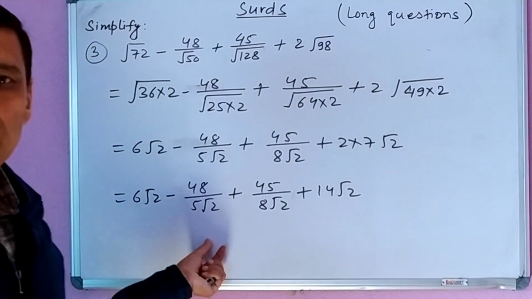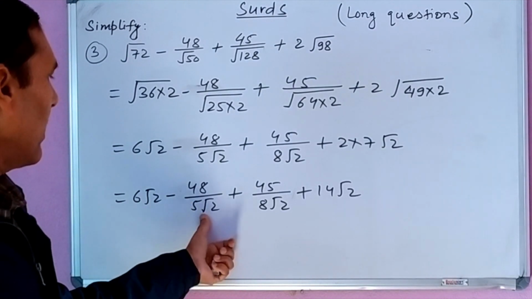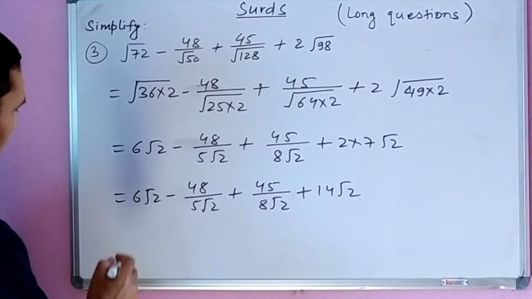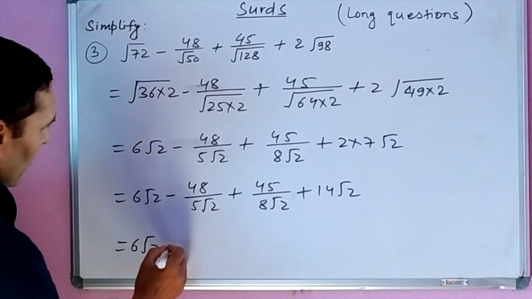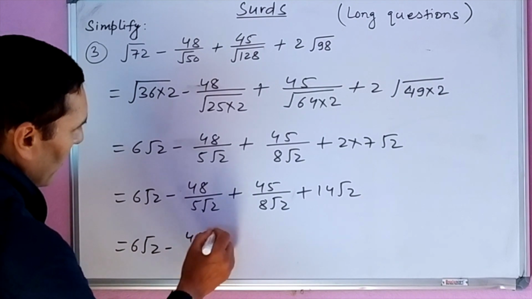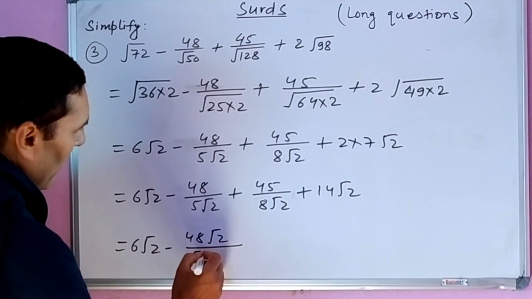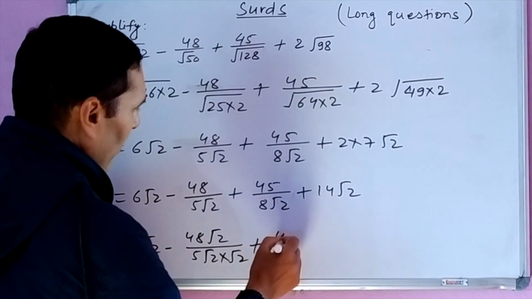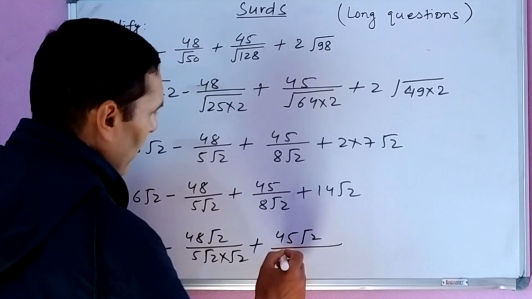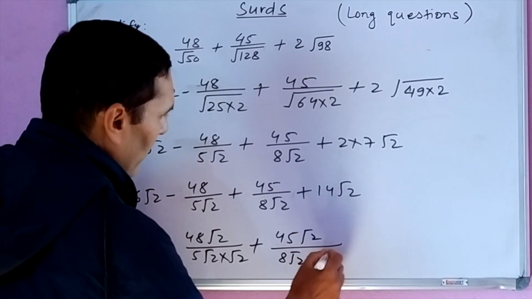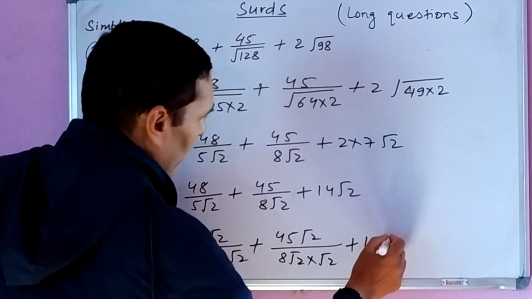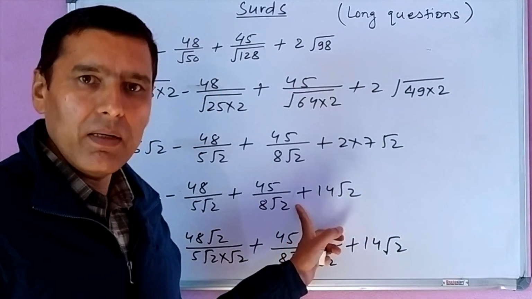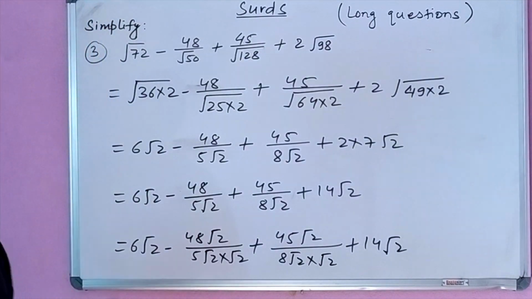First we rationalize the denominators of the second and third terms, multiplying by root 2 in both numerator and denominator: 6 root 2 minus 48 root 2 upon 5 root 2 into root 2, plus 45 root 2 upon 8 root 2 into root 2, plus 14 root 2 as it is. Only the second and third terms are multiplied by root 2 in both numerator and denominator.